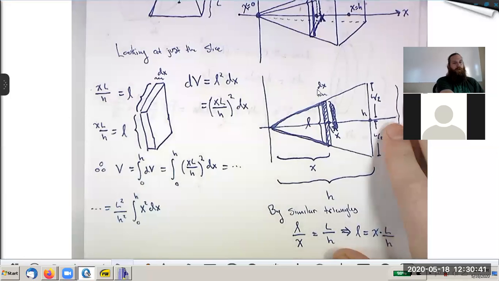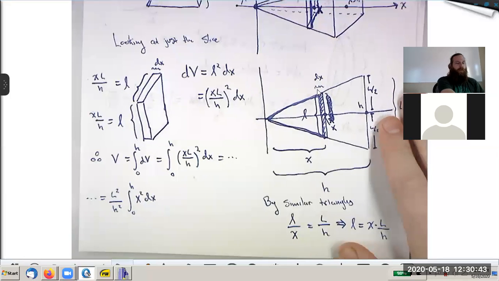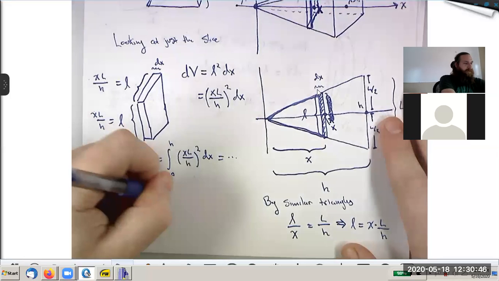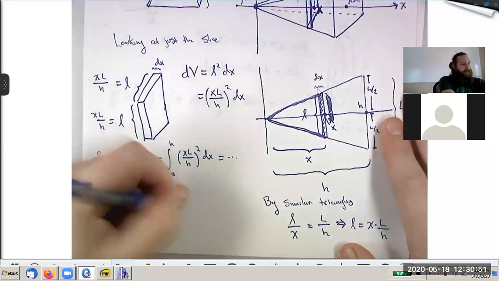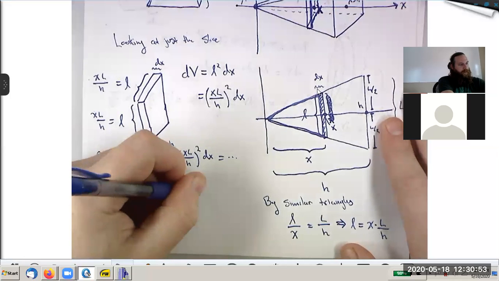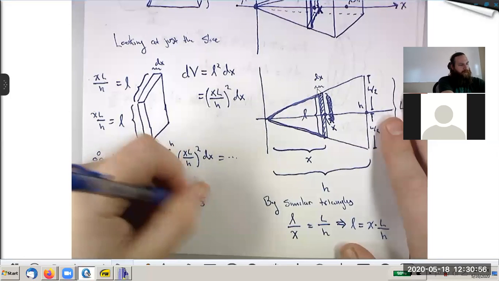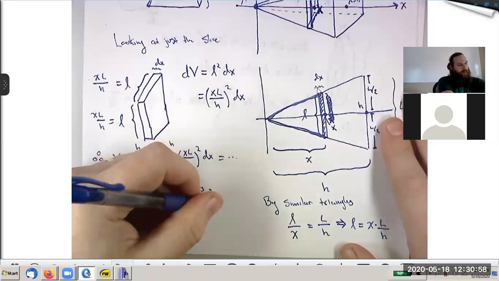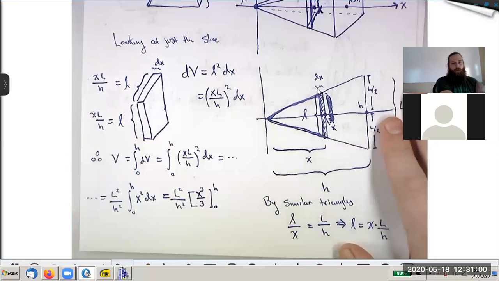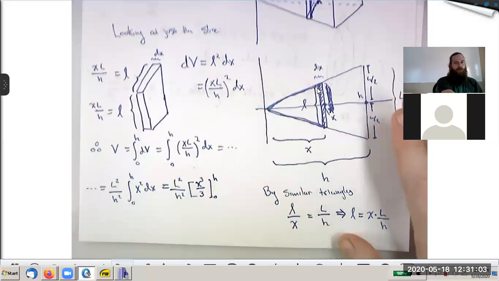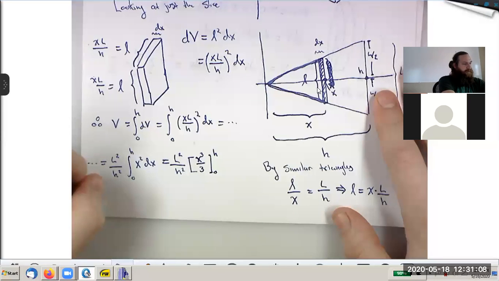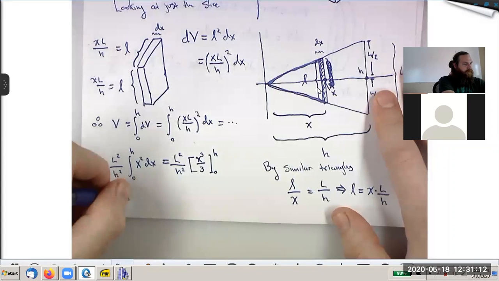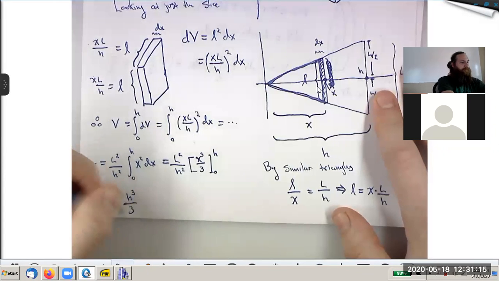And then this is a power rule antiderivative, so this will be L squared over h squared times x cubed over 3, evaluated from 0 to h. So that is L squared over h squared times h cubed over 3.